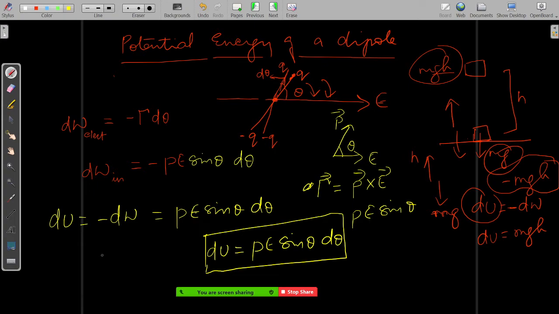Generally what we choose is when the angle theta is 90 degrees, that configuration, we assume that the potential energy is zero. It is totally up to you to choose at which angle you want the potential energy to be zero.